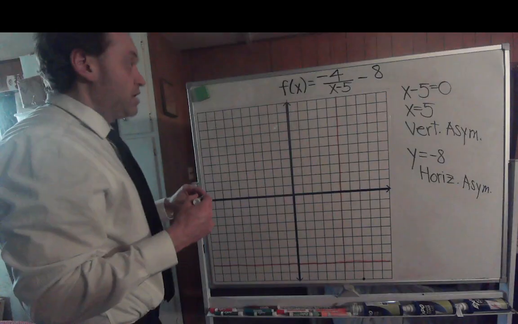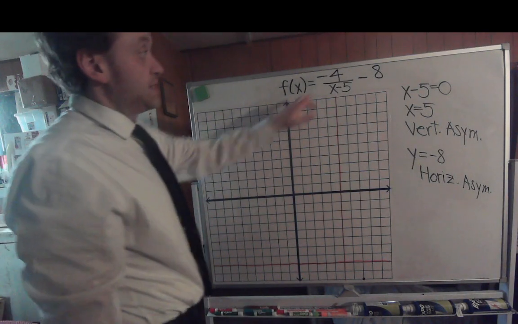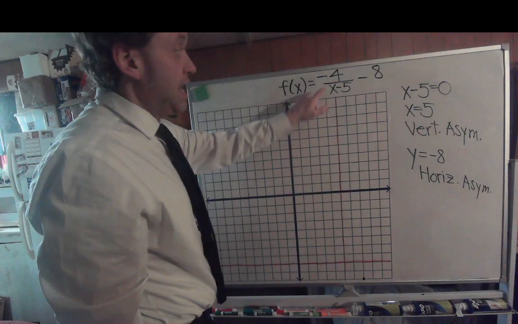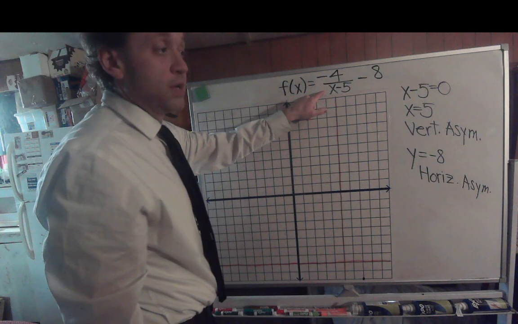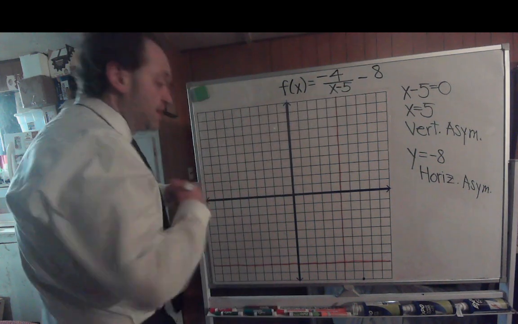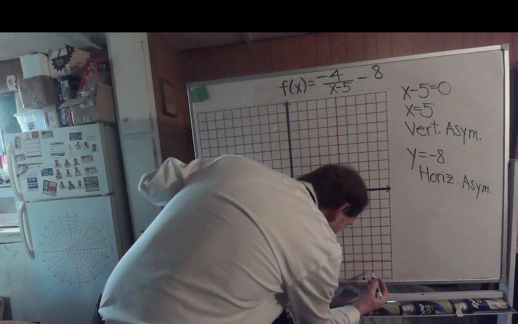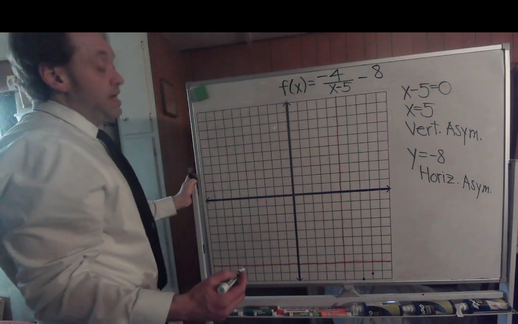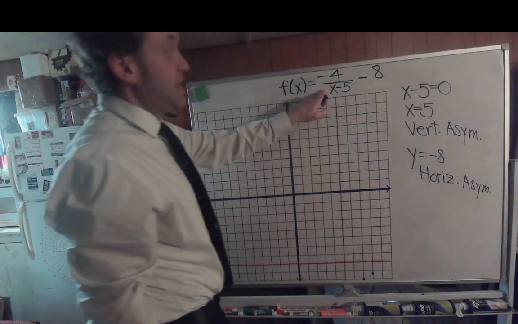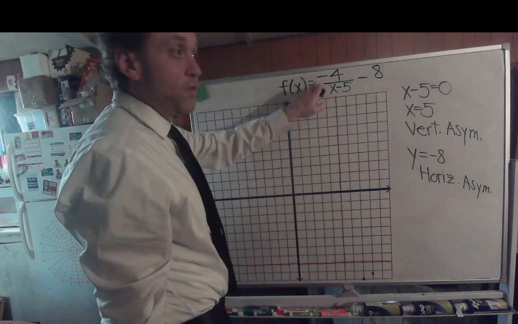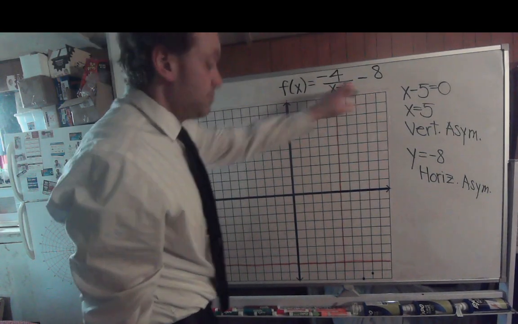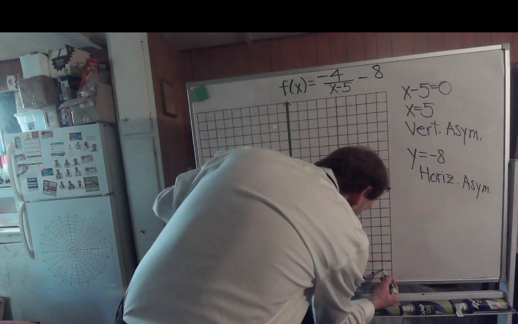Now what about when x is 8? 8 minus 5 is 3. Negative 4 over 3, that's negative 1 1/3. Minus 8 is negative 9 1/3. And then when x is 9, so 9 minus 5 is 4. Negative 4 over 4 is negative 1. Minus 8 is negative 9.